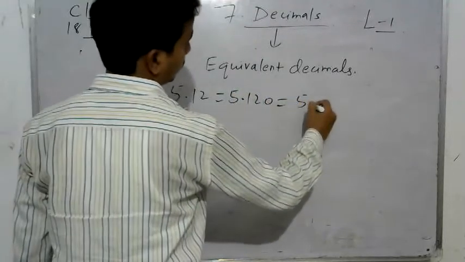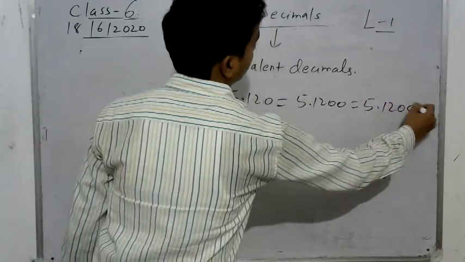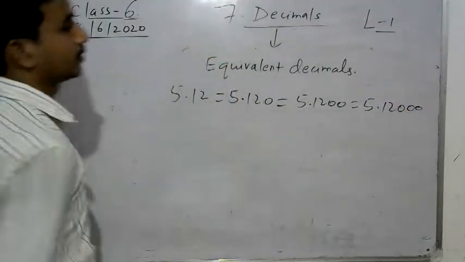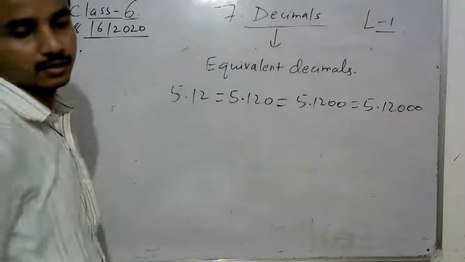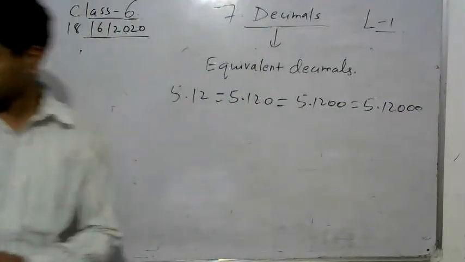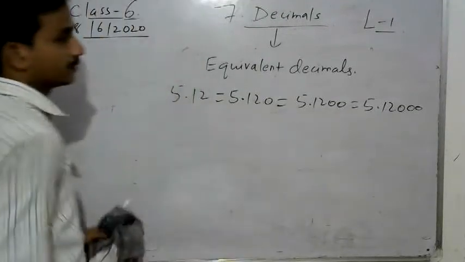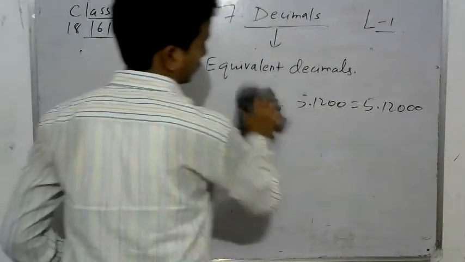This equals 5.1200. This equals 5.12000. You can add any number of 0s at the end, and the value will remain the same. All these are equivalent decimals. Adding any number of 0s in the fractional part of the decimal is not going to change the decimal.